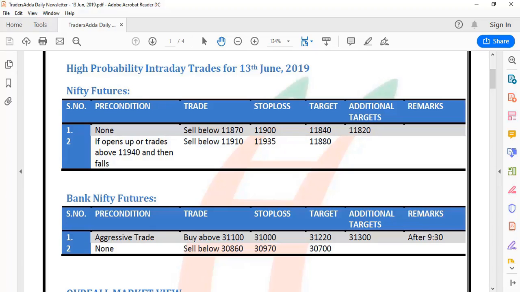So suppose Nifty futures opens at 11,920 and then during the day it moves above 11,940. At that point you will get an alert on our Telegram channel, or if you are watching the market, at that moment you can go and place this stop loss sell order below 11,910 in the system with a stop loss at 11,935 and a target of 11,880.